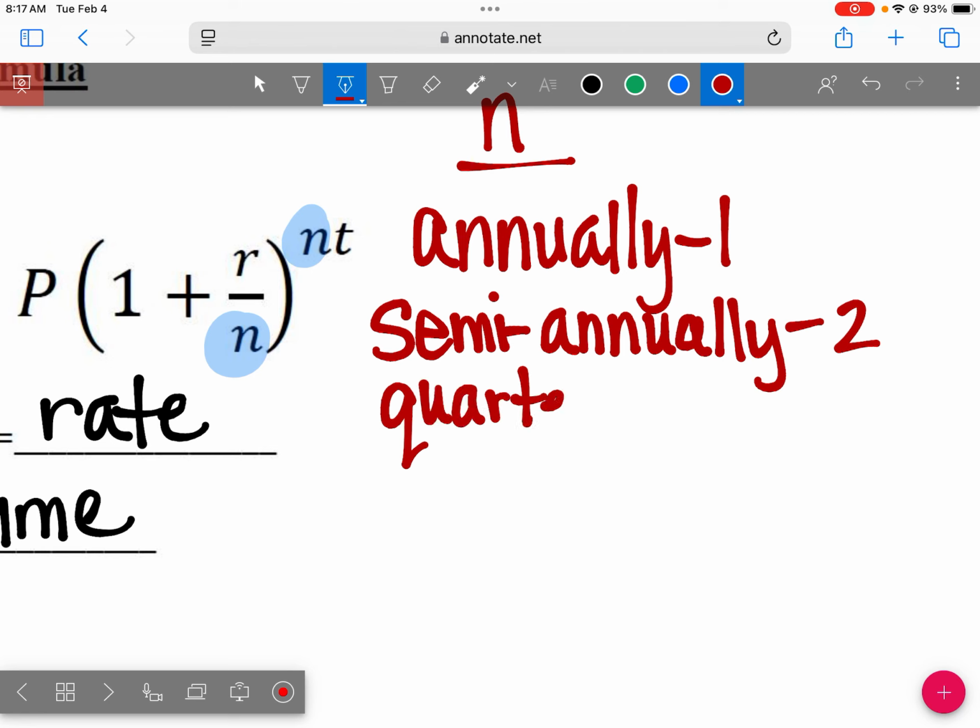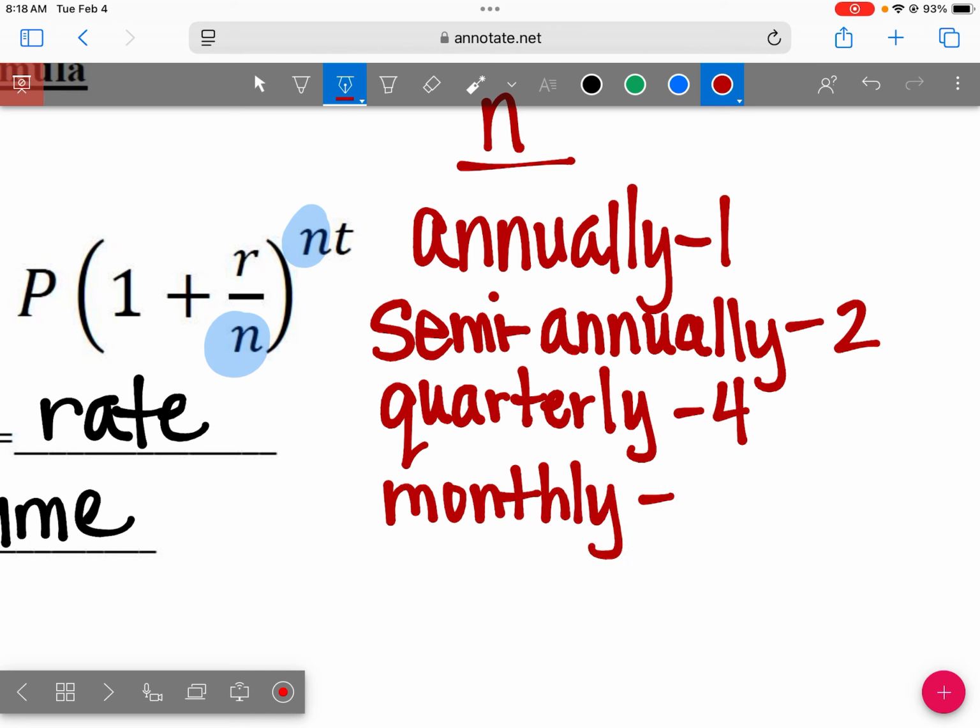If it says it's compounded quarterly, does anyone know how many quarters are in a year? Same as the number of quarters in a dollar. How many quarters are in a dollar? 4. Correct. And then we have monthly. How many months do we have in a year? 12. Then we have weekly. This is the hard one.